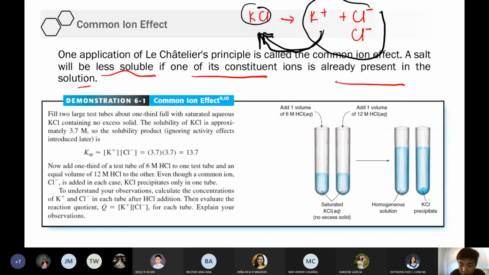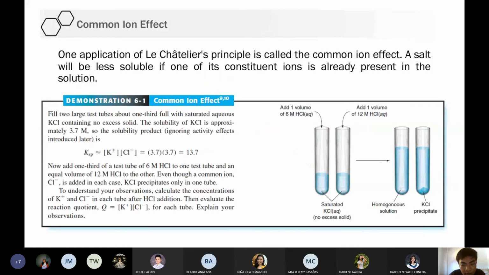So the salt will be less soluble if you have common ions. This will be discussed in depth in your laboratory. I'll give you some more examples.